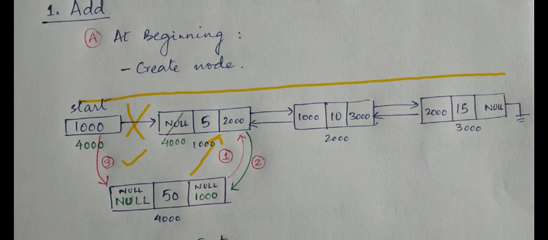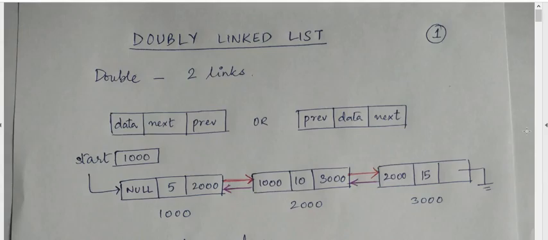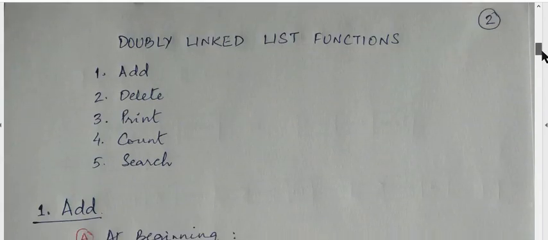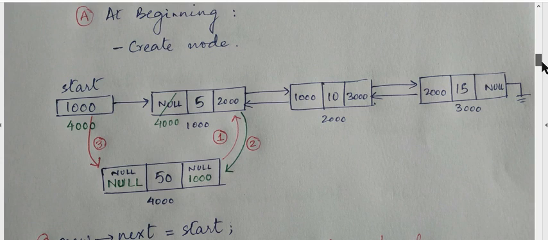Okay, so we're doing add in a doubly linked list. We were discussing what steps we should perform in order so that we can successfully add a node at the beginning of the linked list. So we have one, then you can do either two or three.